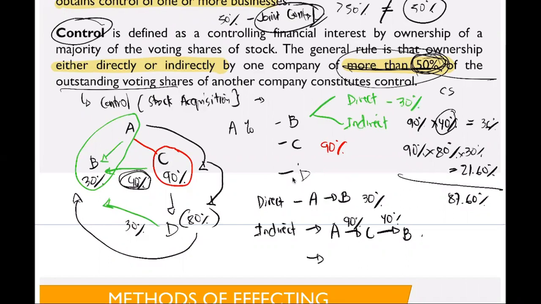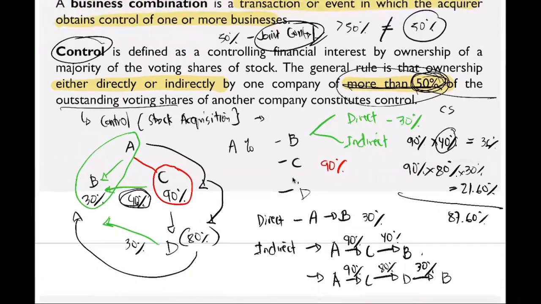Another indirect is that A owns C at 90% and C owns D at 80% and D also owns B at 30%. So we just get the net indirect ownership by multiplying. 90% times 40% is 36%. 90% times 80% times 30% will give us 21.6%. So what is the total ownership interest? Direct of 30, indirect of 36, and indirect of 21.6. Total ownership interest is 87.6.